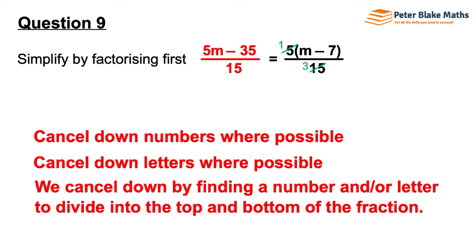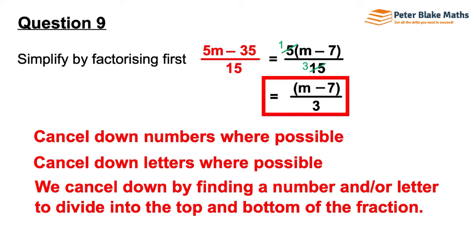On the top we have 1 lot of m minus 7. We don't need to write that 1 in because 1 times anything is just itself. And on the bottom we just have a 3 from the cancelling down earlier. So that ends up being our simplified version after we've factorised. So 2 things there. Factorise first carefully, and then see if you can cancel down either letters or numbers or both sometimes.